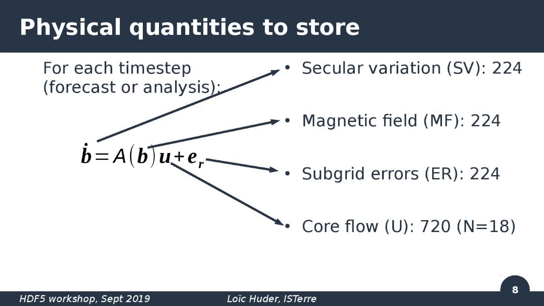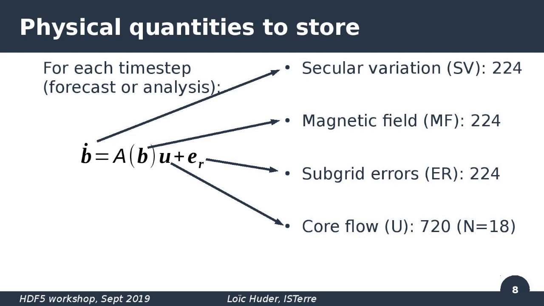We have another term that we call subgrid error, because we truncate at a certain degree, so there is an error because we are not considering all the degrees in our spherical harmonic decomposition. This term also has 224 coefficients. And there is a core flow that we call U, which has 720 coefficients because the truncation degree is higher in this case.